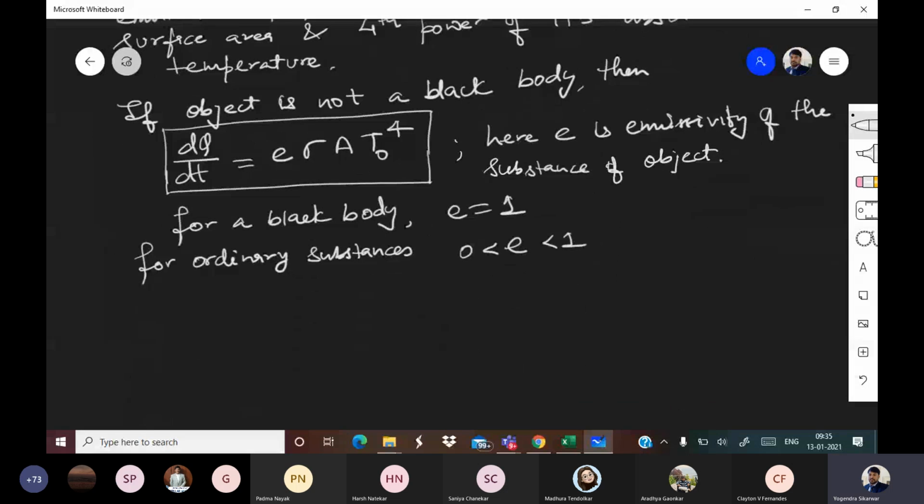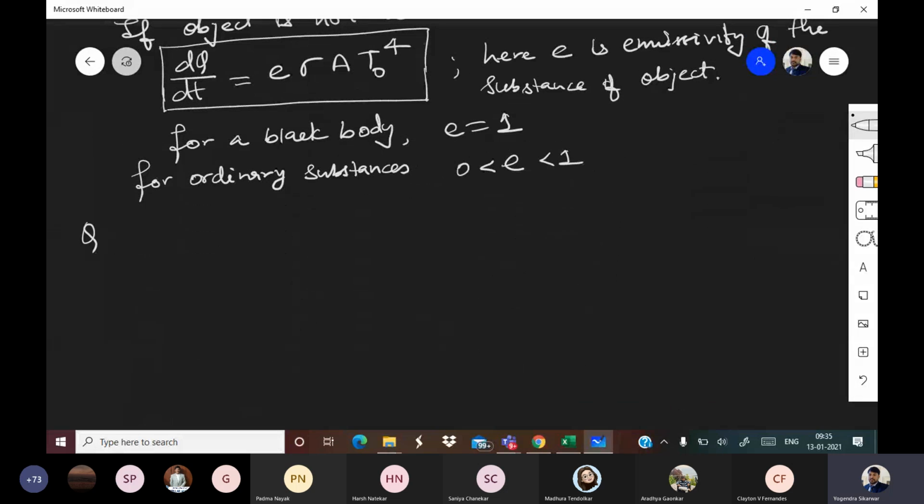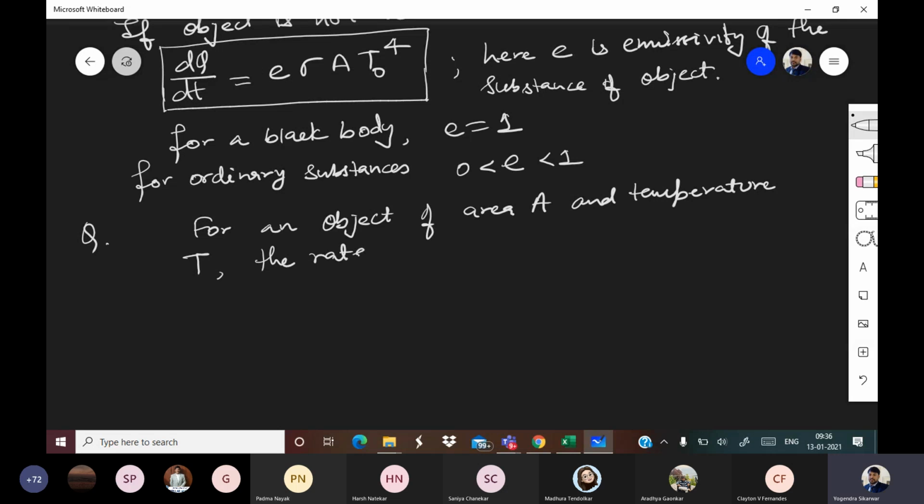Okay, let us solve a question. For an object of area capital A and temperature capital T, the rate of heat emitted is Q naught.